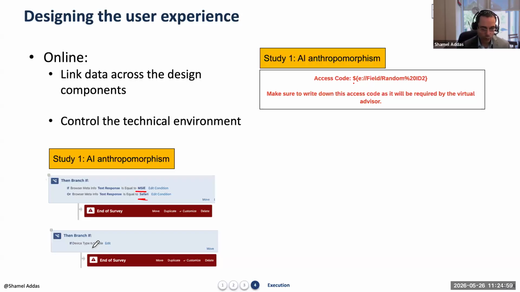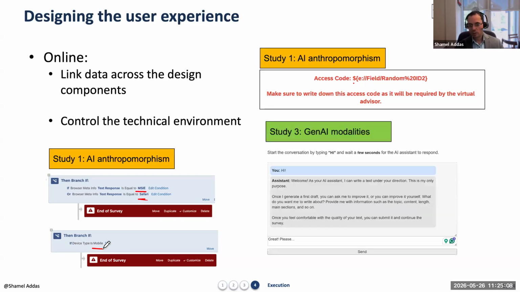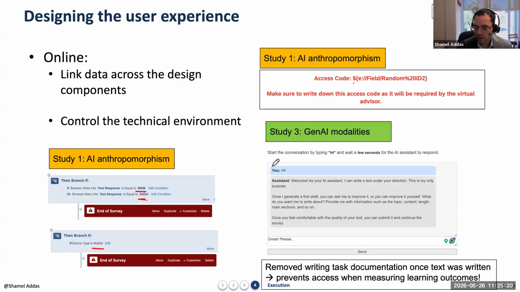And also don't use mobile devices. You had to sit on a laptop or fixed screen so that the interaction happens in the way we wanted it to happen. In study 3, with the generative AI modalities, we also controlled it so that participants could only see the chat window, nothing else in their environment they could have access to.